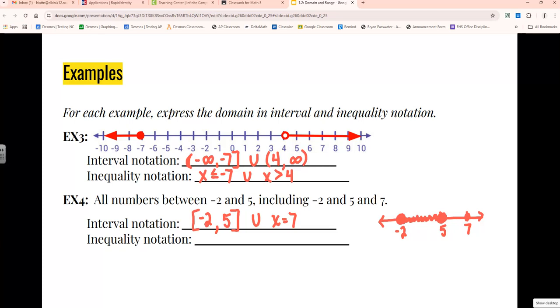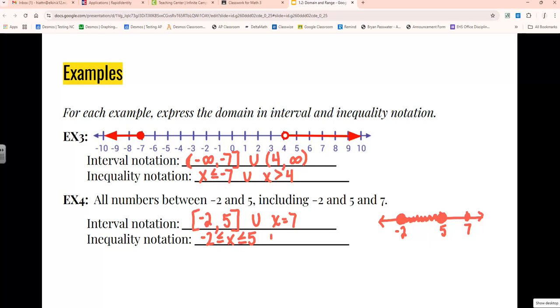If I want to do this in inequality notation, I'm going to do -2 less than or equal to x less than or equal to 5. I'm using those or equal to's because the numbers are included. When you're doing in-between numbers, always just start with the lowest, less than, x, less than the highest number.